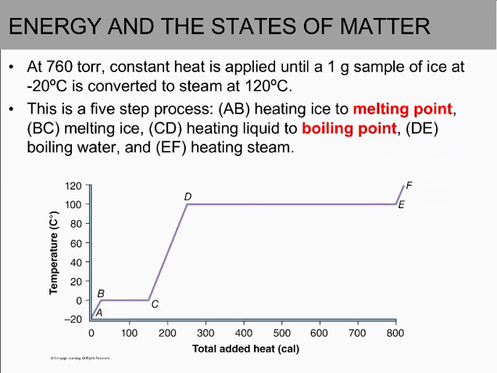All right, so how do we put all of this information together? So we're going to use the example of what's called a heating curve to demonstrate all of these different processes. So down below we have a heating curve for water.